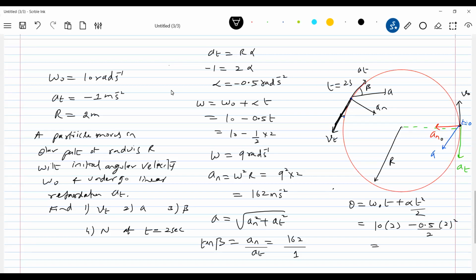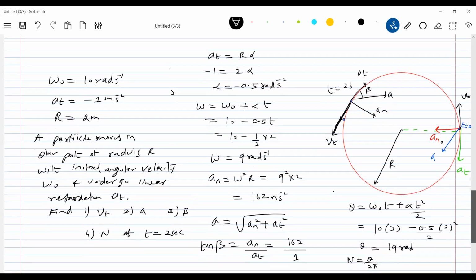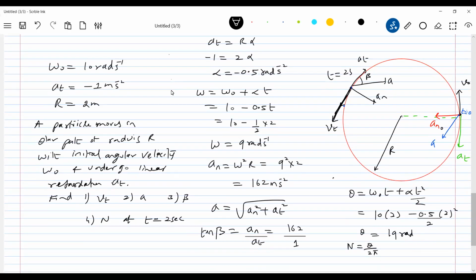So 20 minus 1. So this will be 19 radians. Number of revolutions n equal to theta by 2 pi, 19 by 2 pi. How many revolutions will it complete? Around here also, you can check it. 3.02.